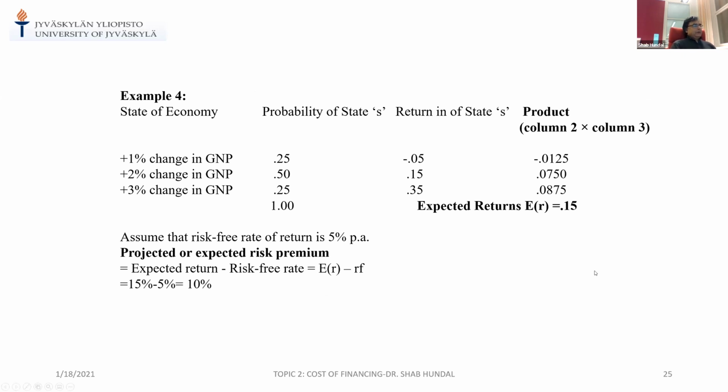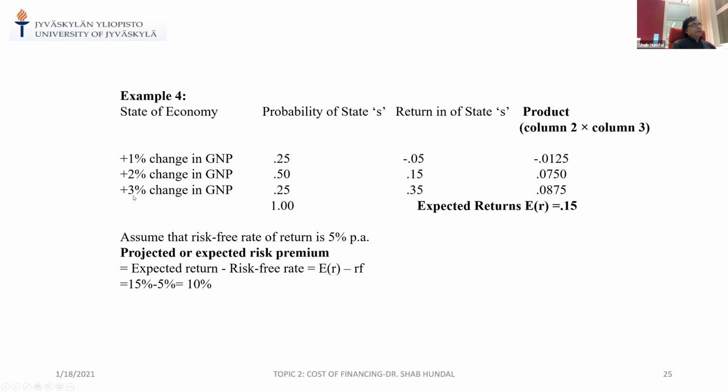Some analyst is saying that the economy will grow at 1% GNP. And there is a 25% probability that the gross national product of the country would go up by 1%. So I think he's looking at the downside, that worst comes to worst, the economy will grow at 1%.